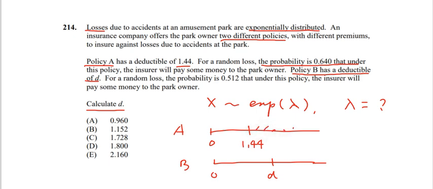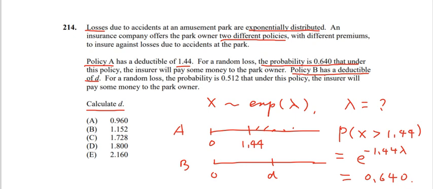So the probability for pay is actually x larger than 1.44. For an exponential distribution, this equals e to the negative lambda times 1.44. Okay, so from here we can find the lambda.